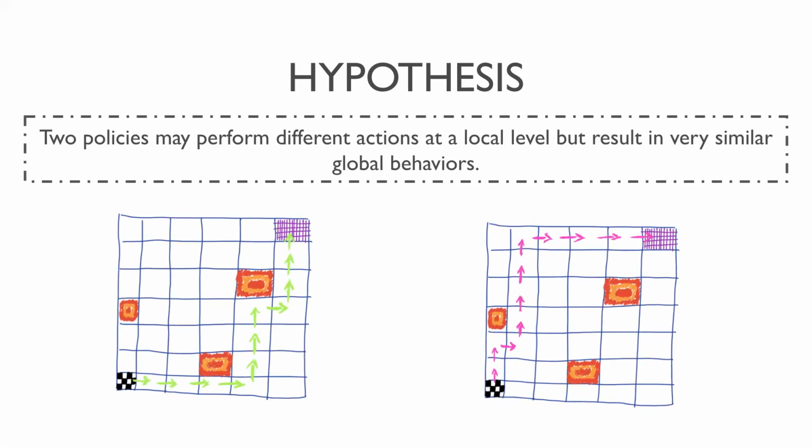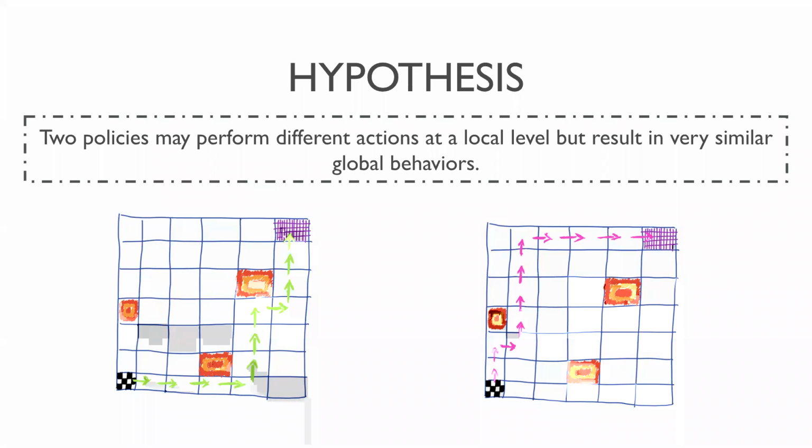You have two trajectories in this case, but let's say these are two grid worlds that are deterministic. In this world, the goal is to go from the start state to the purple state, while avoiding the lava spots.